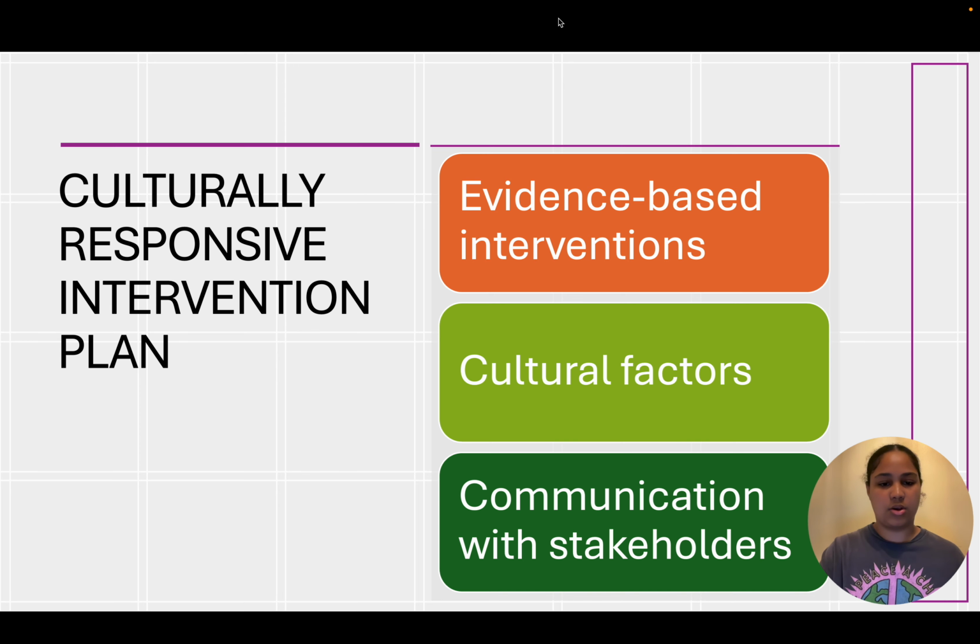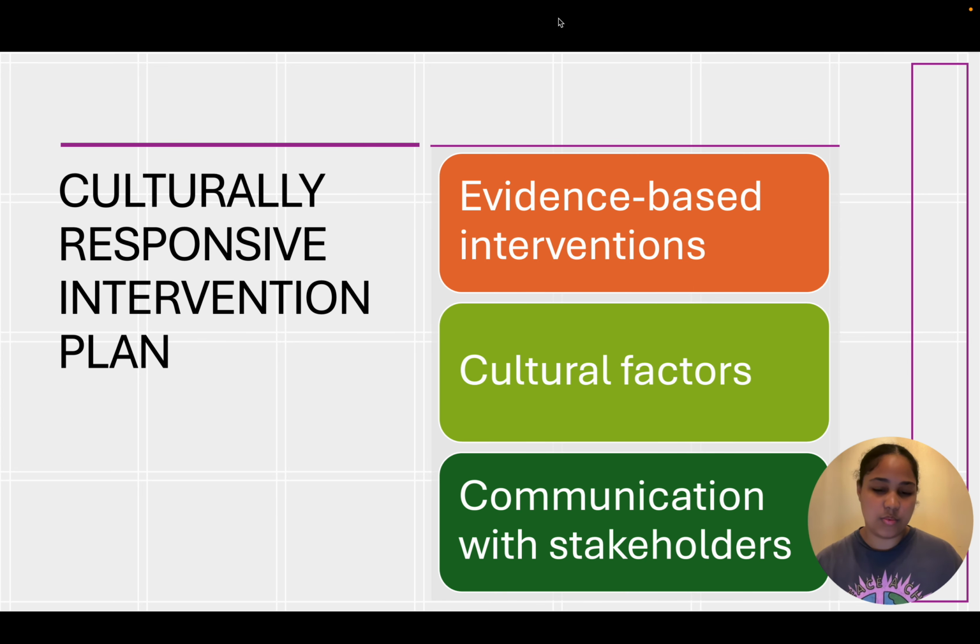Next, we have the culturally responsive intervention plan. You're going to provide at least 2 evidence-based interventions that consider the client's cultural factors. If this is an intervention that you feel that you can modify, write how you can modify it. And then we want you to take into account cultural factors, how these may positively or negatively affect the client's treatment, and what steps you will take to reduce any negative effects that may occur.